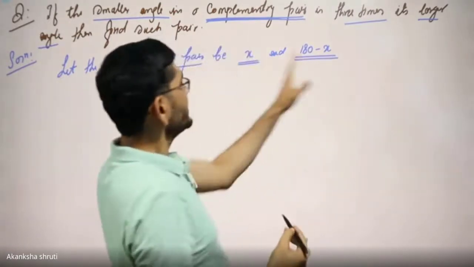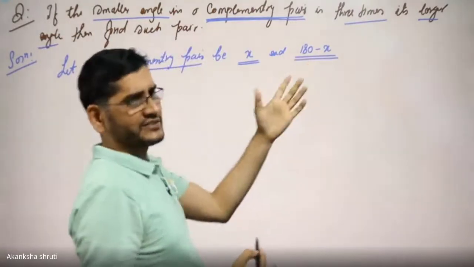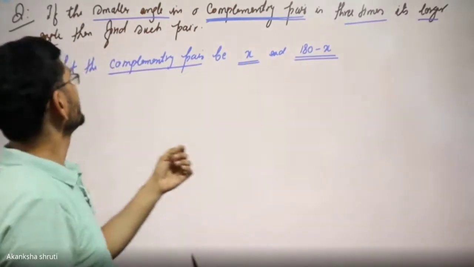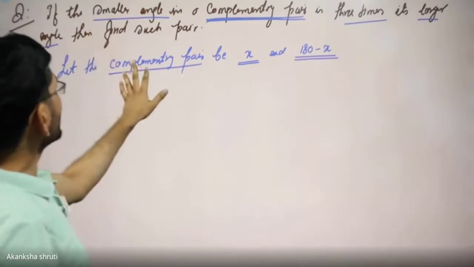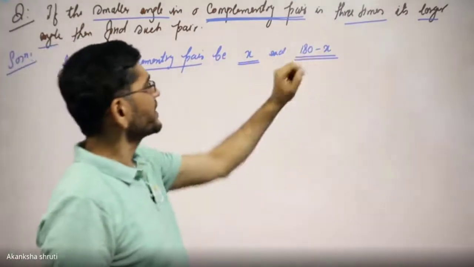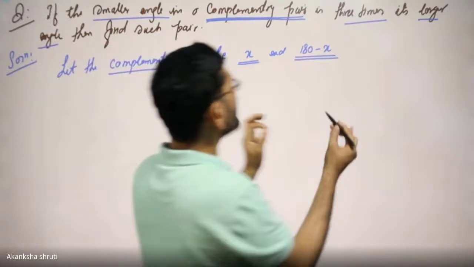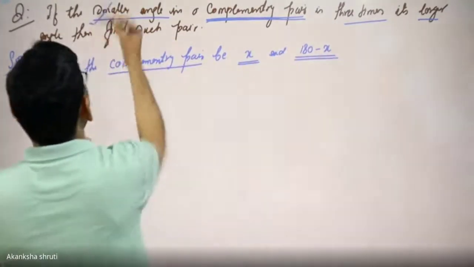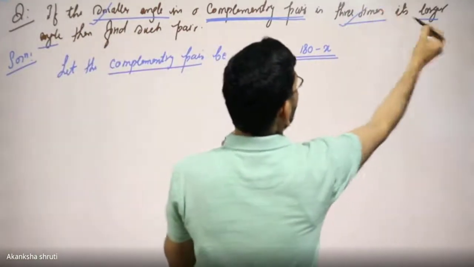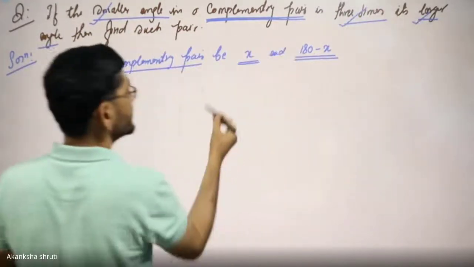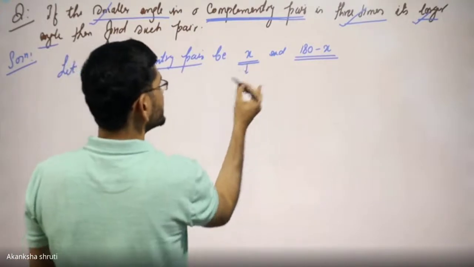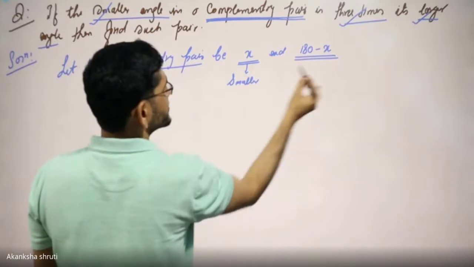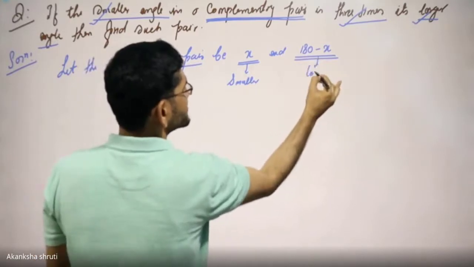In this, any one of them will be smaller. It is up to you, and accordingly we have to calculate it. We have to find this pair, but this pair should satisfy the condition. So let us consider x is the smaller angle, and this one is the larger part.